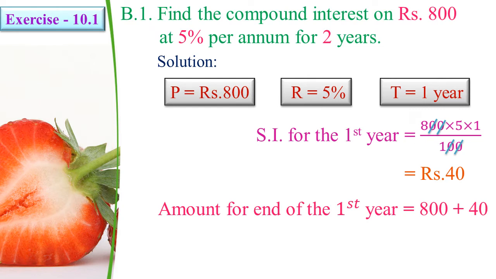So amount for end of the first year, here we need to add the principal amount and the SI for the first year. So we get rupees 800 plus rupees 40. We get the amount is rupees 840. It is clear that the amount at the end of the first year becomes the principal for the second year.